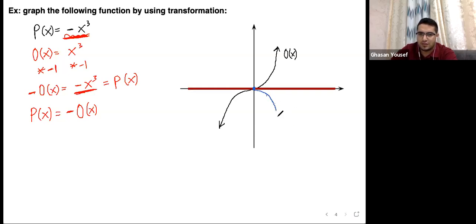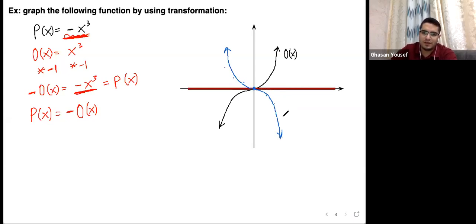So the graph should be like this. And on this side, the same thing up. This point should be here. This point should be here. This point, same. So the whole graph should be like this. This is the function b of x.